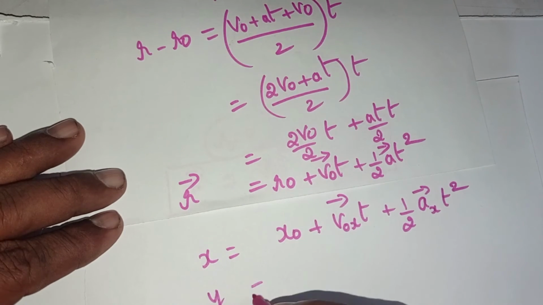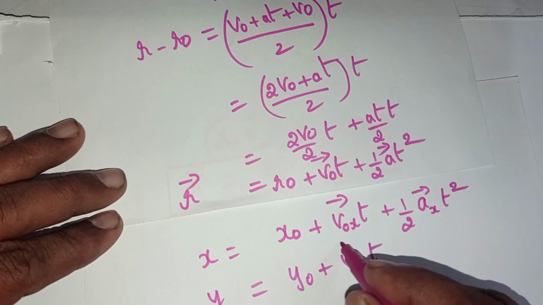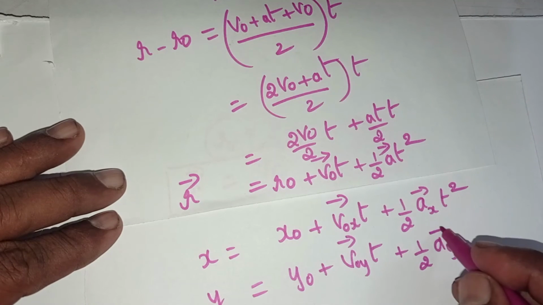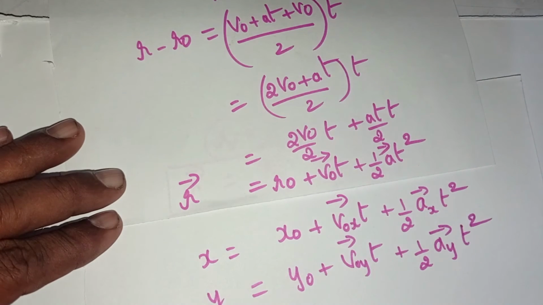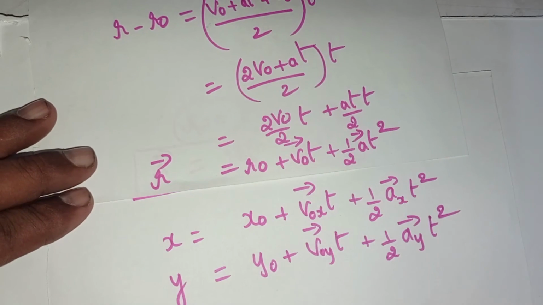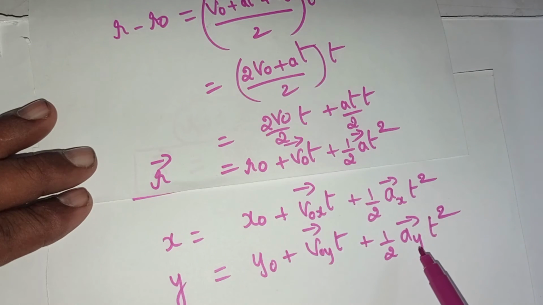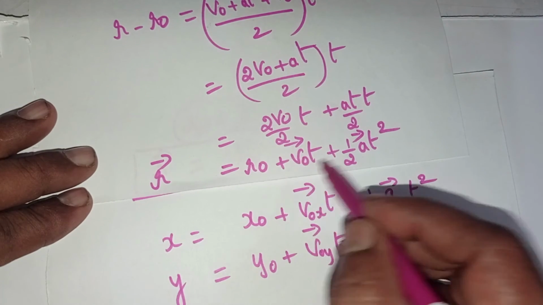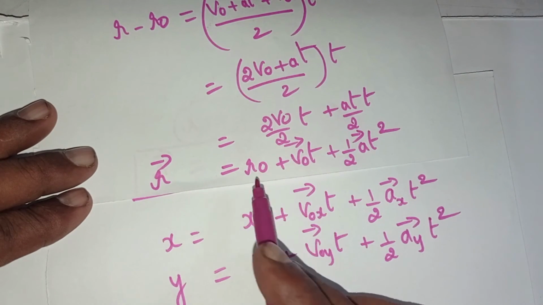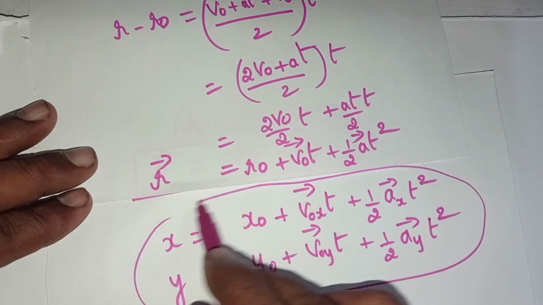Similarly, you consider for Y, this will become Y naught plus VOY T plus half AY T square. So that means this R vector is split into X and Y components. So this in general, velocity and this acceleration correspond to the X and Y direction. So we have split into two components, that is X component and Y component.